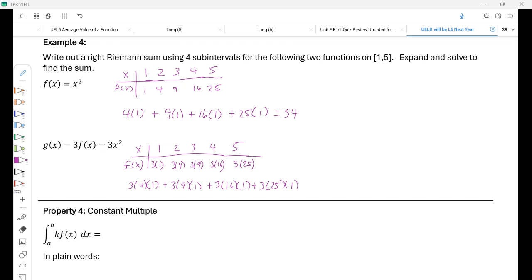And sure, I could do all of that mental math, but I have 4 things being added. 3 is a factor of all 4 of those things. So why not just write 3 times 4 plus 9 plus 16 plus 25? Because I already know that that's 54. That's 150 plus 12, 162. Boom.